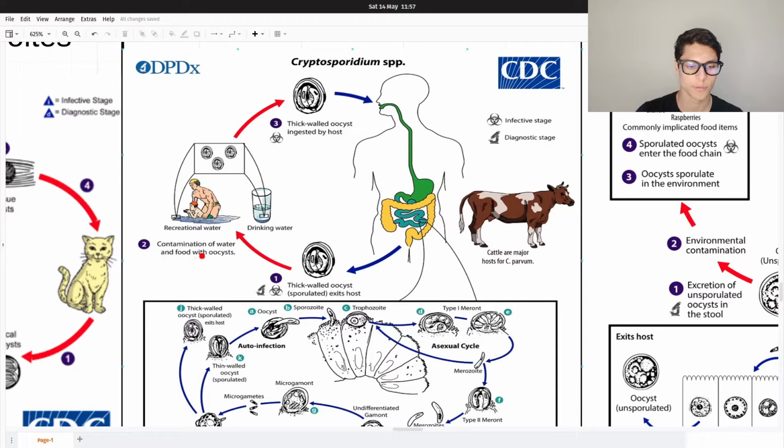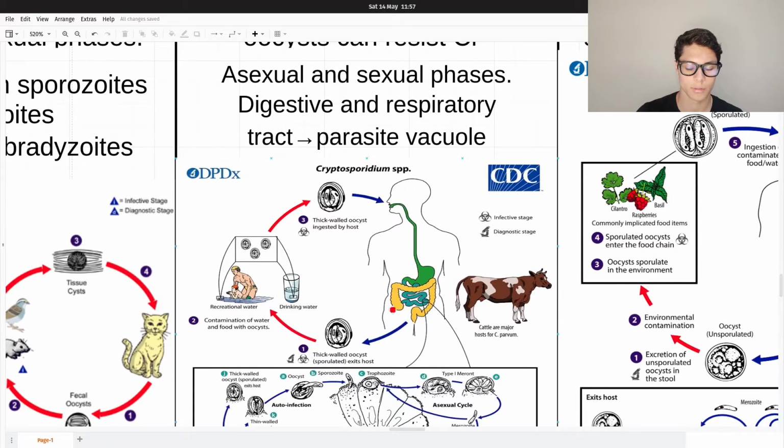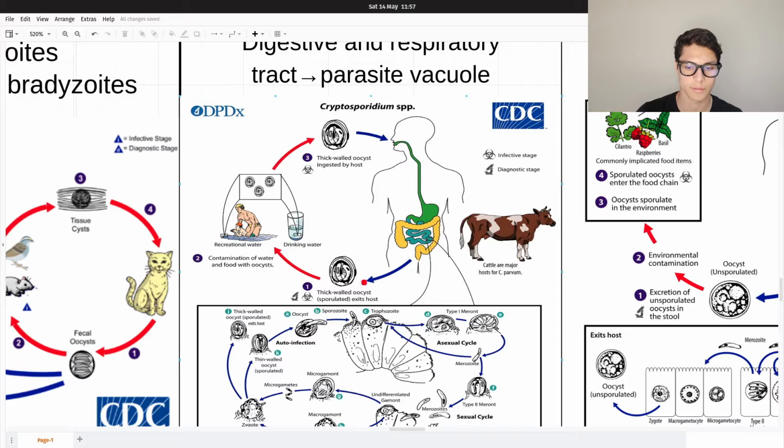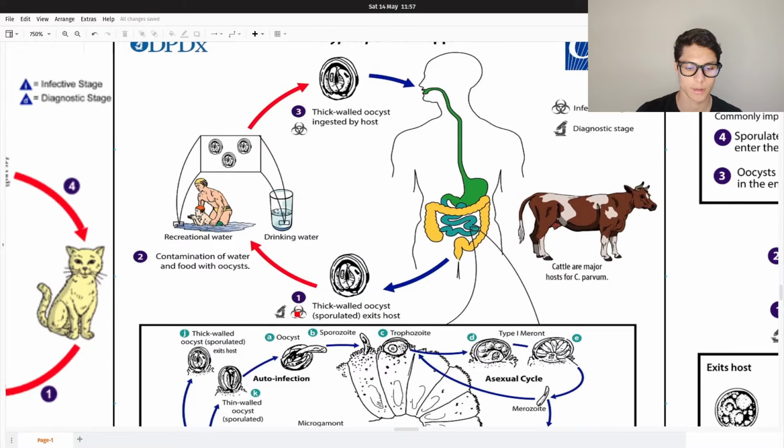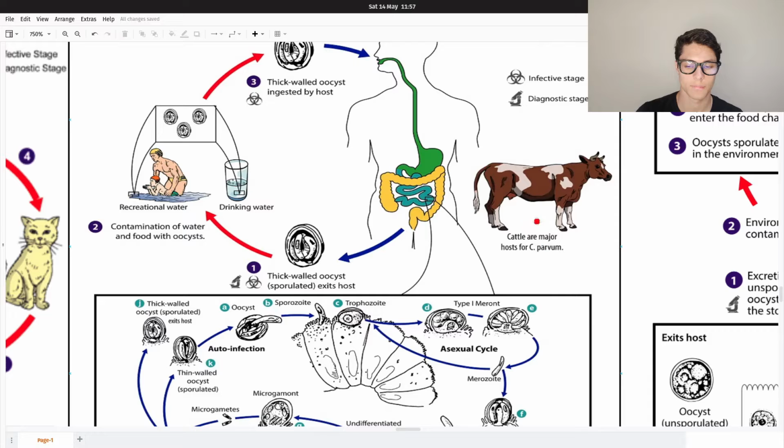Contamination of water and food with oocysts, recreational water like swimming pools, and this is very important because they are infective as they get out of the host. This is the infective stage as well. As you can see here, infective stage. And then thick-walled oocysts are ingested by the host.